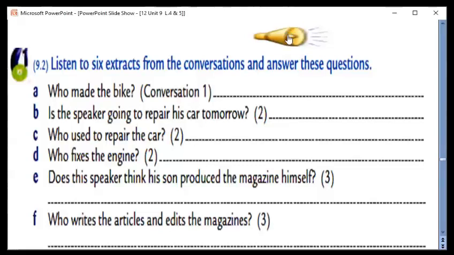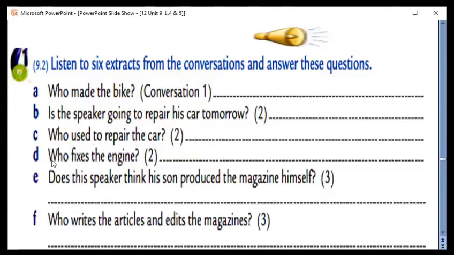9.2, page 70, Exercise 1. A. I had the bike made specially for me by an engineer who lives near here. B. I'm having the car repaired tomorrow. C. My father always used to repair his own car.